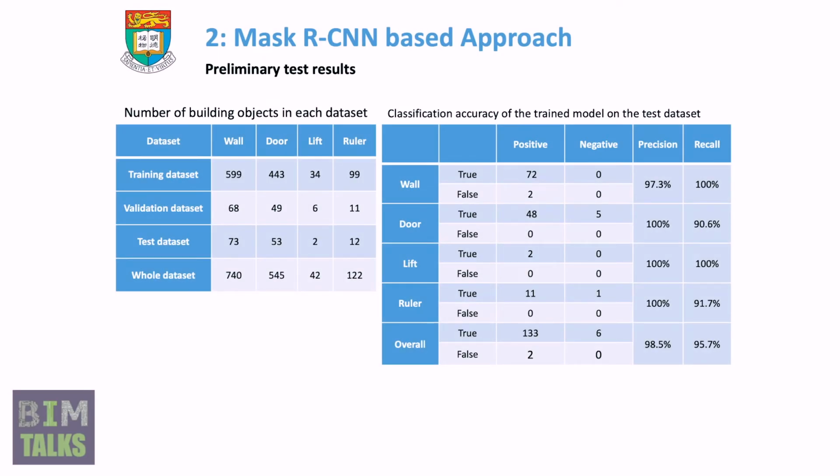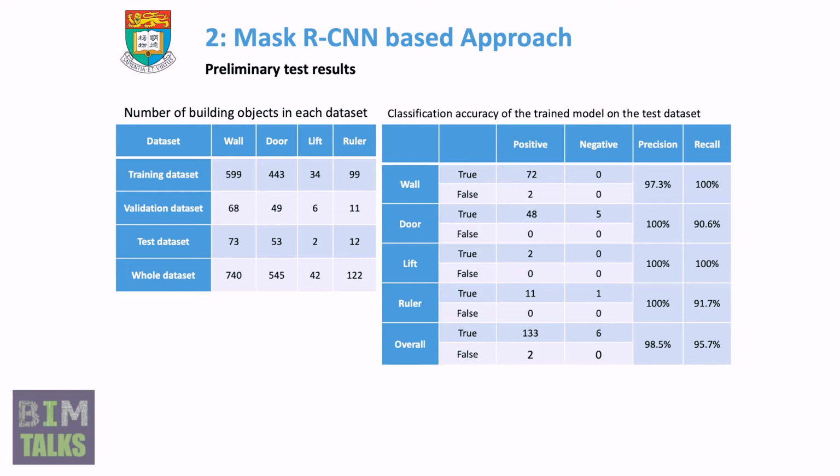This is some data that we used. So for the training purposes, we collected about 600 for walls, 400 for doors, 34 for lifts, and 99 ruler images. And for the testing purposes, to make sure that it produced accurate predictions, these are the image numbers.